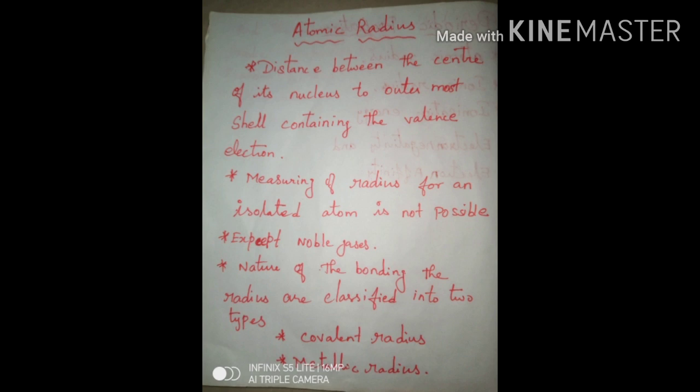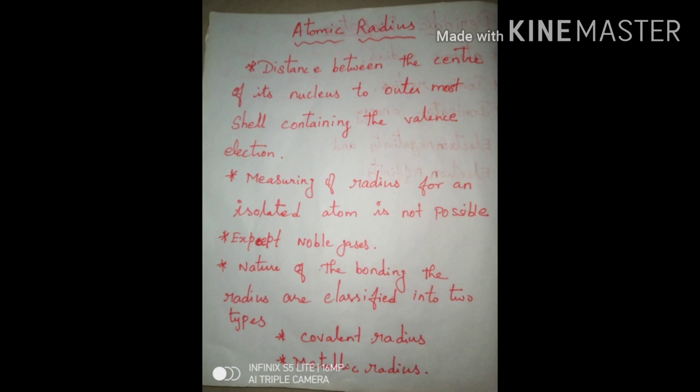Atomic radius is defined as the distance between the center of its nucleus and the outermost shell containing the valence electron. Direct measurement of the radius of an isolated atom is not possible.